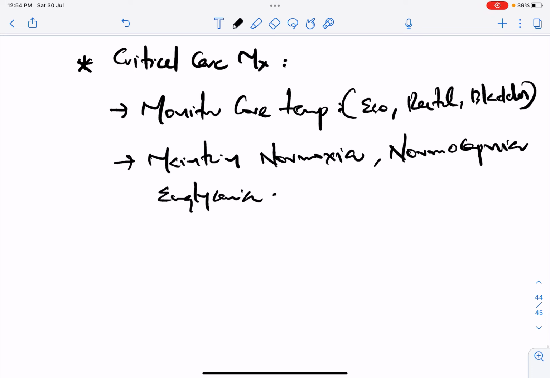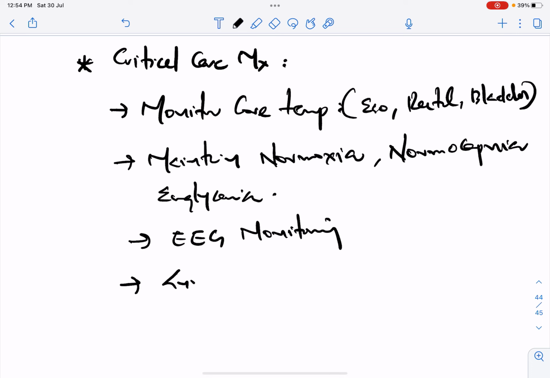Then provide continuous EEG monitoring for myoclonus, and also provide lung protective ventilation. Lung protective ventilation means low tidal volume ventilation. So that's all about the post cardiac arrest management.